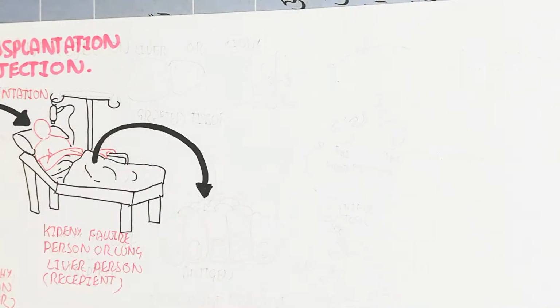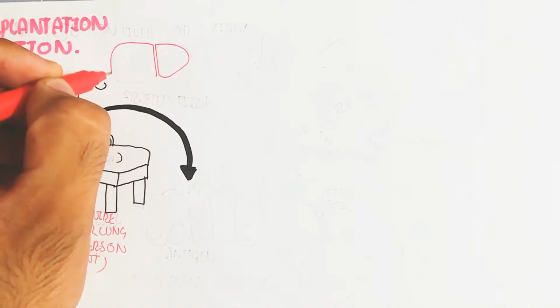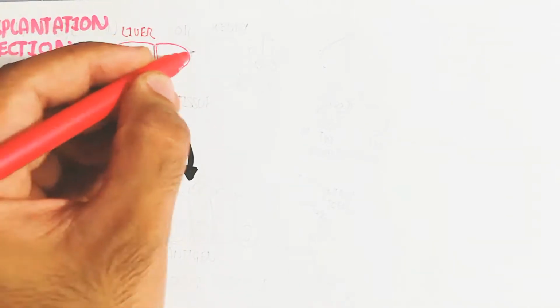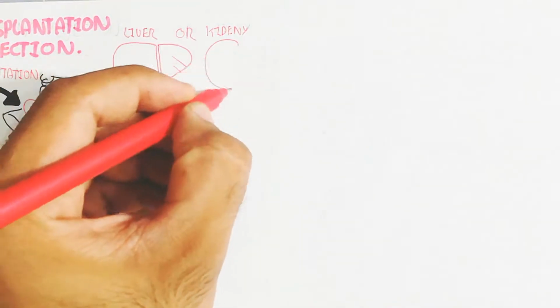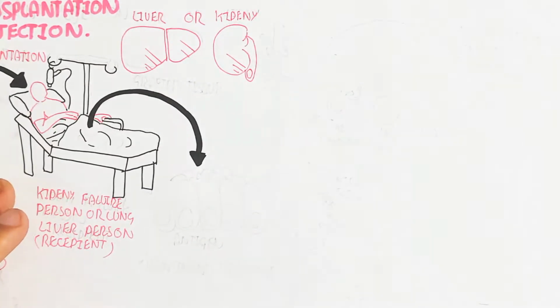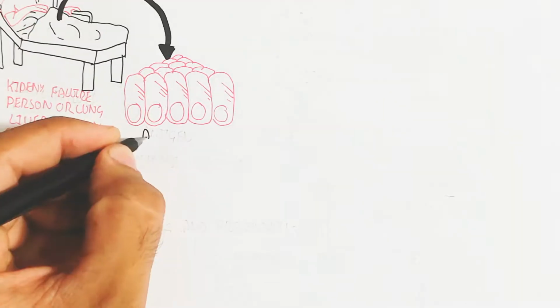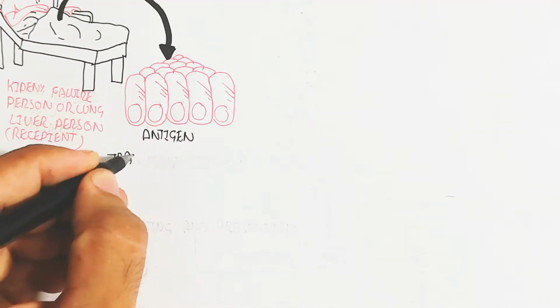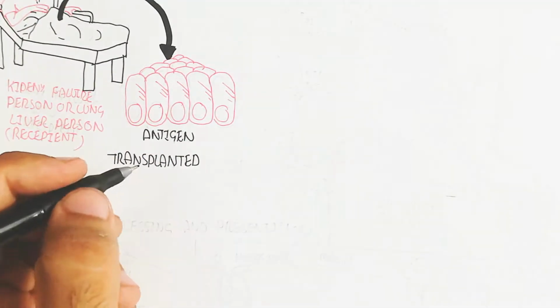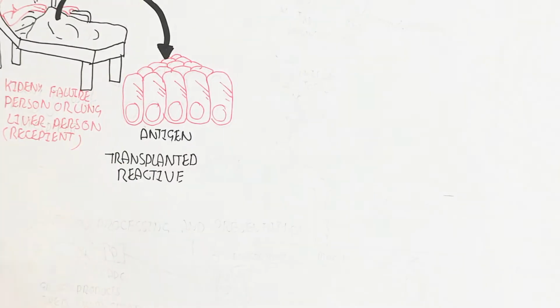After the transplantation occurs, it means the cells of the healthy person, for example liver cells or kidney cells, are introduced, and this is the grafted tissue. It is known as the grafted tissue. After this, the antigen is introduced.